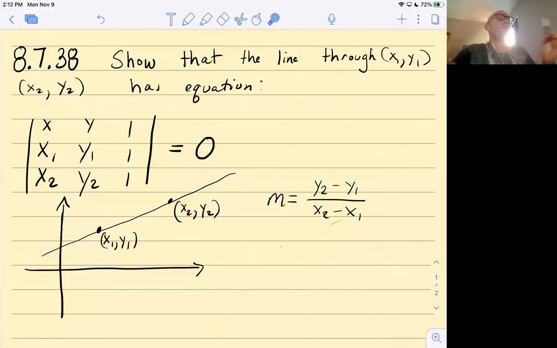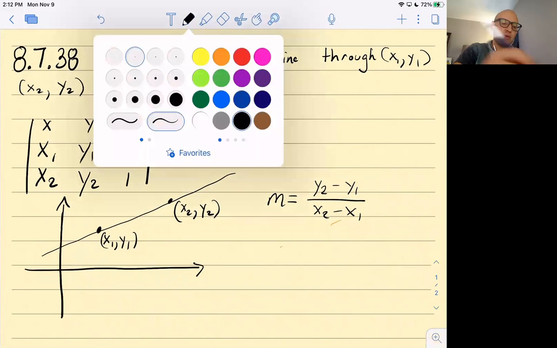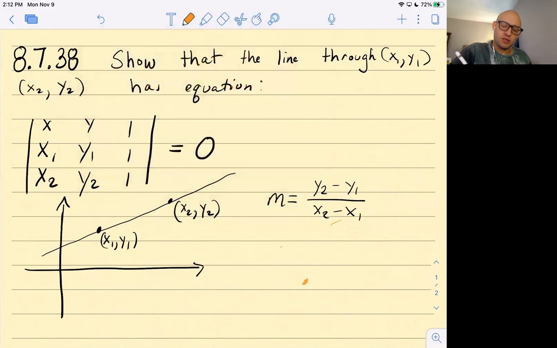Anyone remember what you would do if we found the slope? What did I write? I should have erased it. 3, 1, and 7, 5. So once you find the slope m, where do you go from there to find the actual equation of the line?